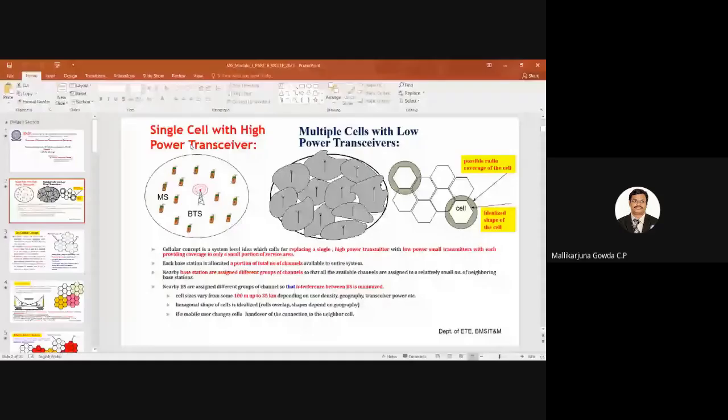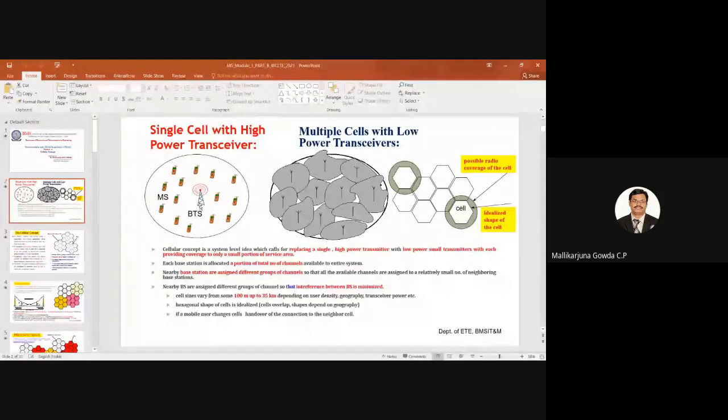Fine. So to understand how this cellular concept has evolved, let us assume that there is one base station. It can transmit high power. So usually I said the base transceiver station, BTS, will be able to transmit the power, and it can also receive the signal.